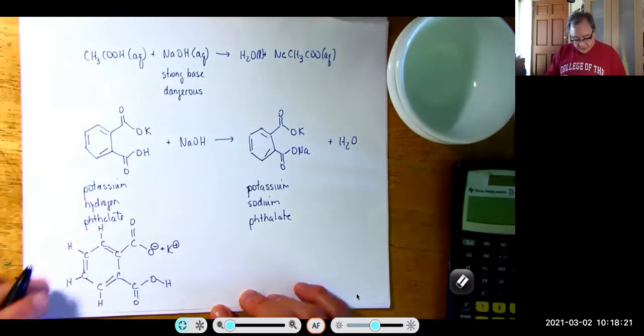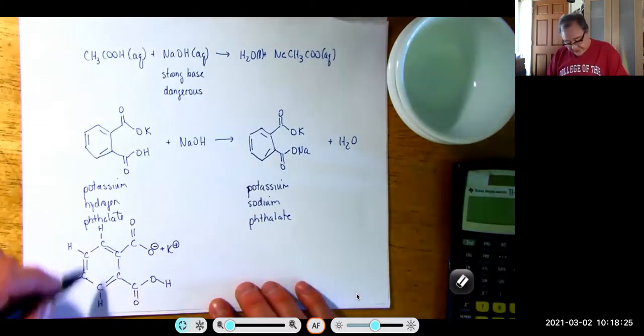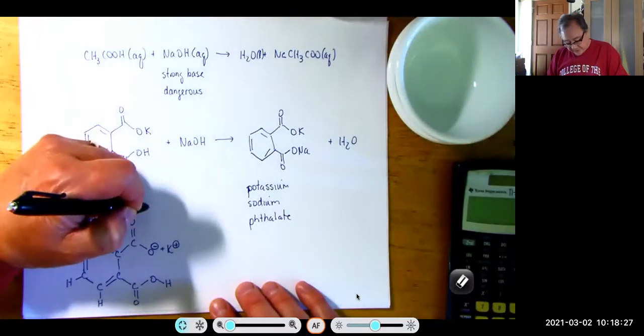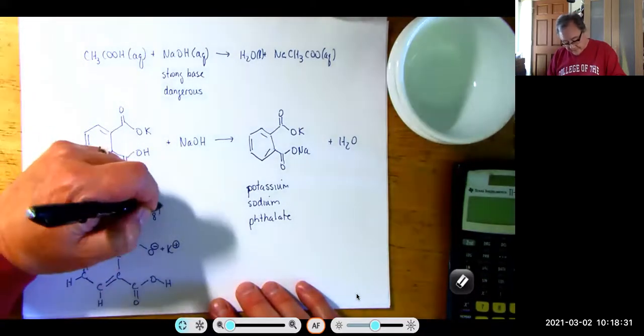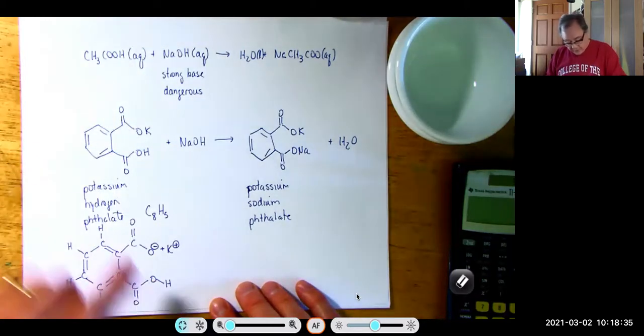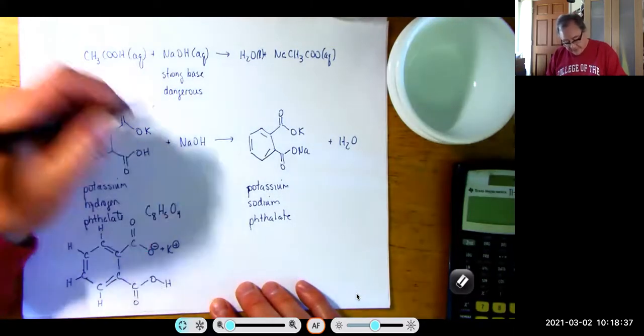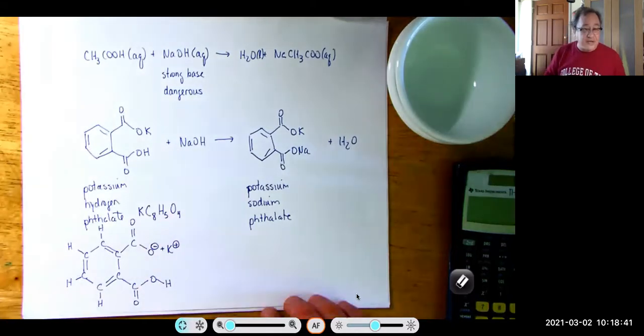And you can see that when you count up the formula, the carbons, you get 8 carbons. Hydrogens, you get 4 or 5. And for oxygens, you get 4. And that is the formula for potassium hydrogen phthalate.